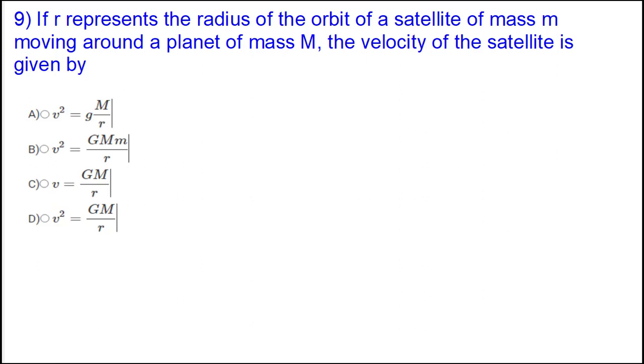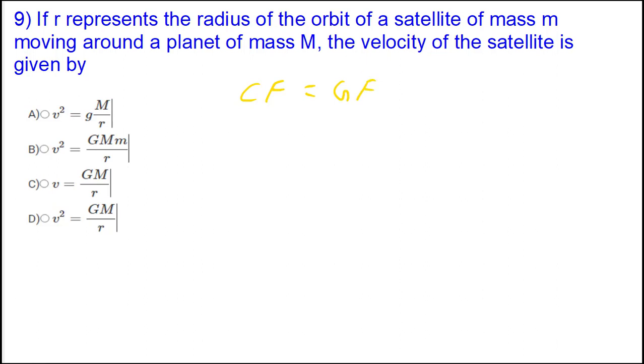Now see, whenever a satellite is moving in a circular orbit around a planet, centripetal force is necessary. Which is of course given by the gravitational force of attraction between the satellite and that particular planet.